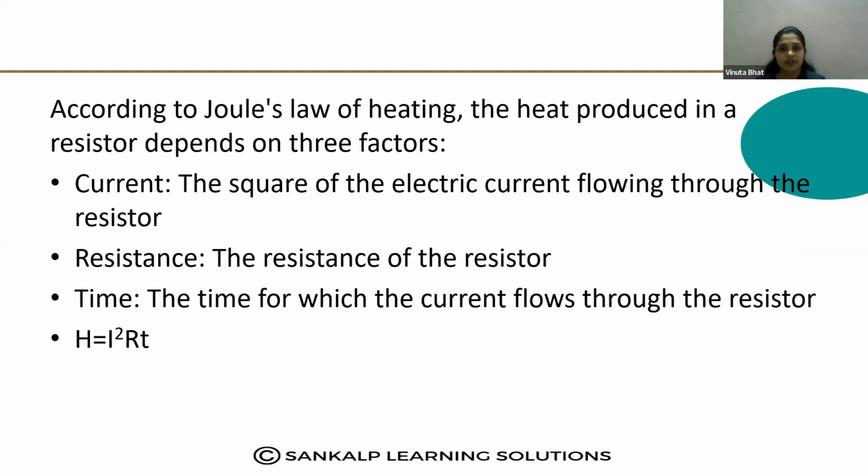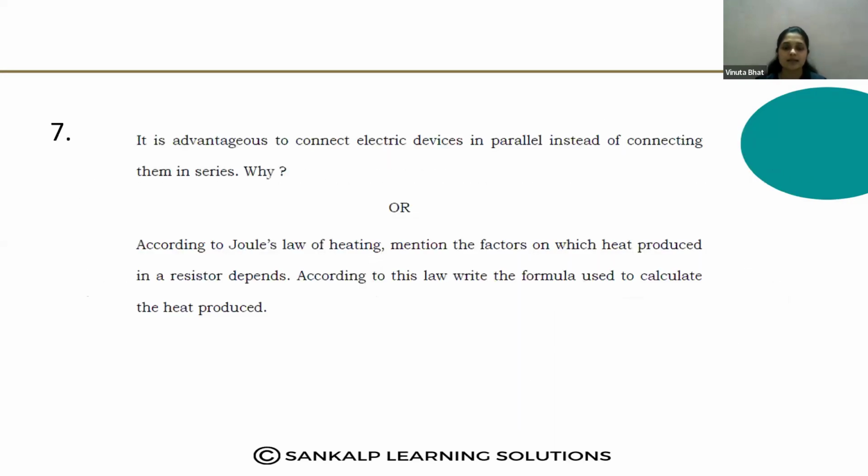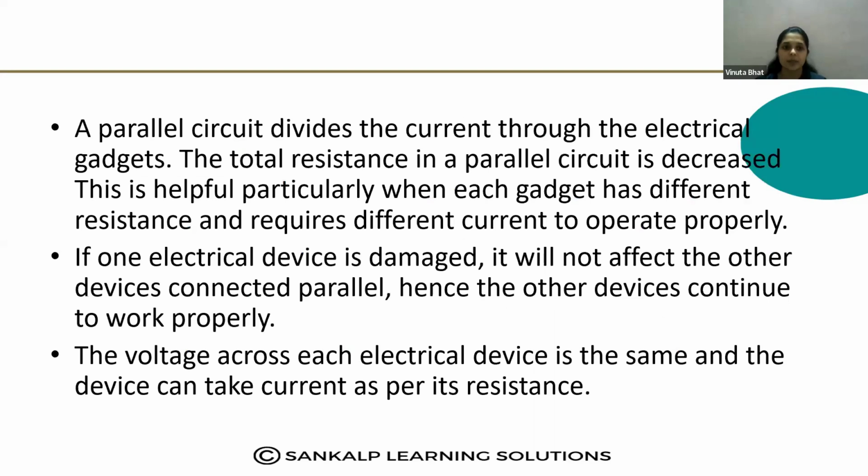According to Joule's law of heating, the heat produced in a resistor depends on three factors: first the current, second the resistance, and third the time. The formula used is H = I squared R T, which is used to calculate the heat produced in the circuit.